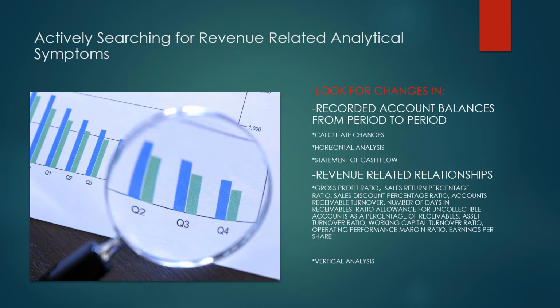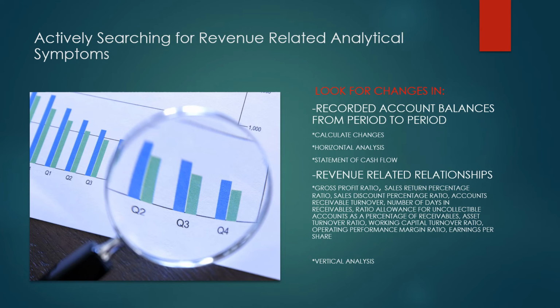The most efficient method to detect fraud is by using horizontal analysis, as it represents percentage changes from one period to the other. Next, it's good to look for changes in revenue-related relationships. Ratios are a good way to discover revenue-related analytical fraud symptoms.